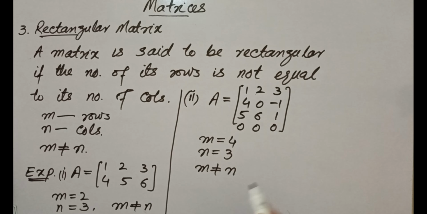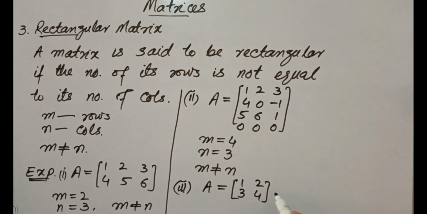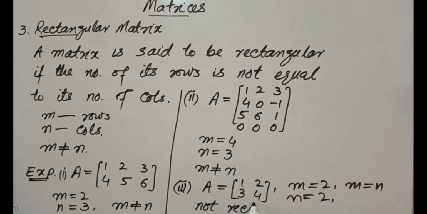We consider a counter example, that is a matrix which is not rectangular. 1, 2, 3, 4. Here we see that we have 2 rows and 2 columns. In this case, m is equal to n. This is not rectangular.